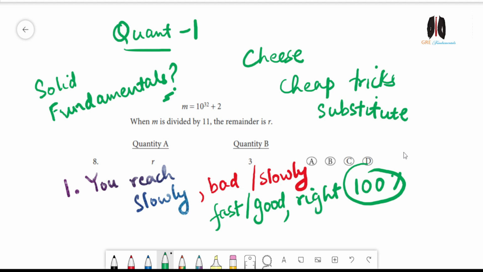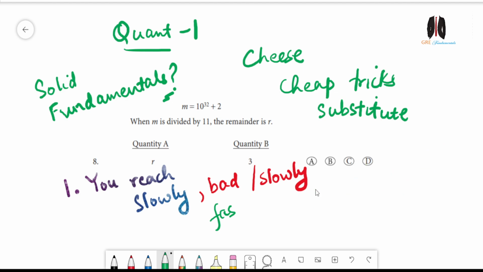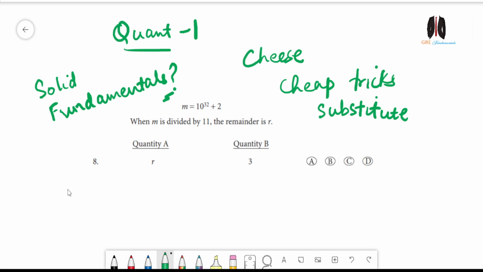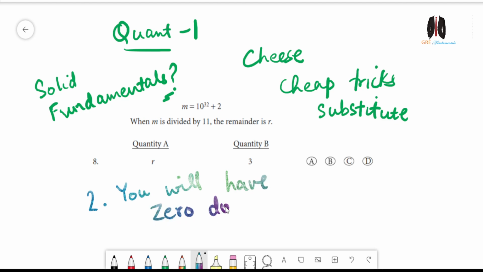If you're aiming for a score of 170, you need to have solid fundamentals. And what is the second thing that happens? You will have zero doubt on your answer. What do I mean by zero doubt?